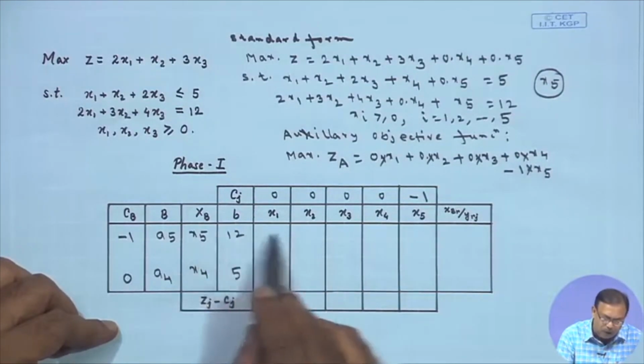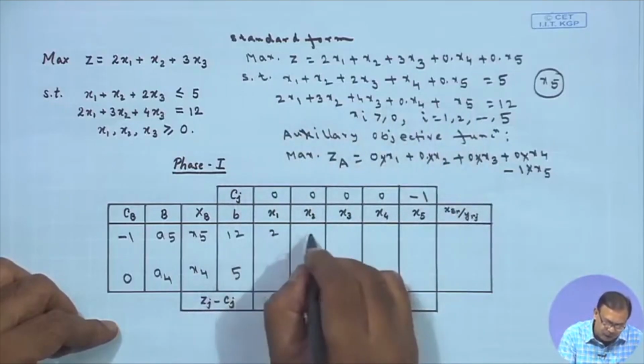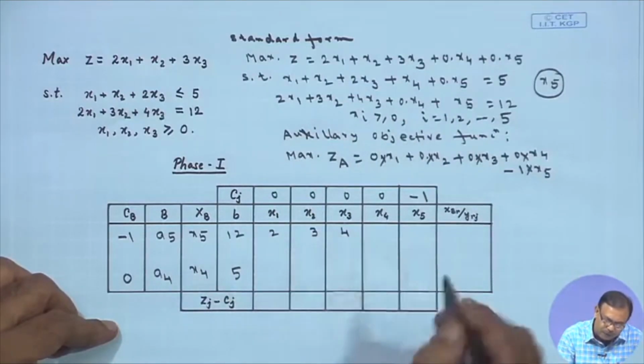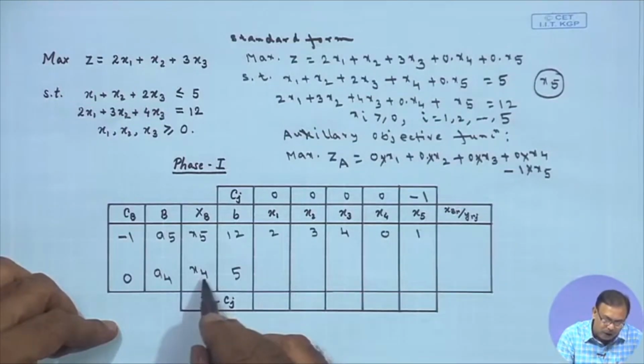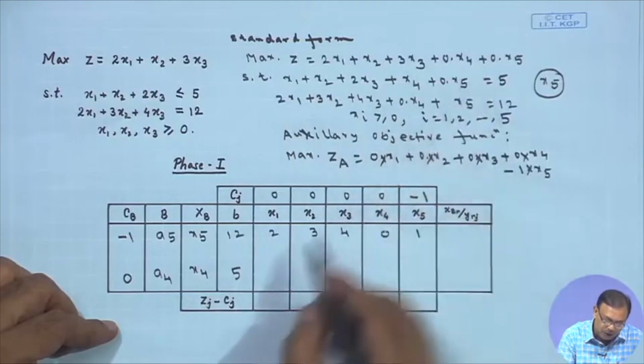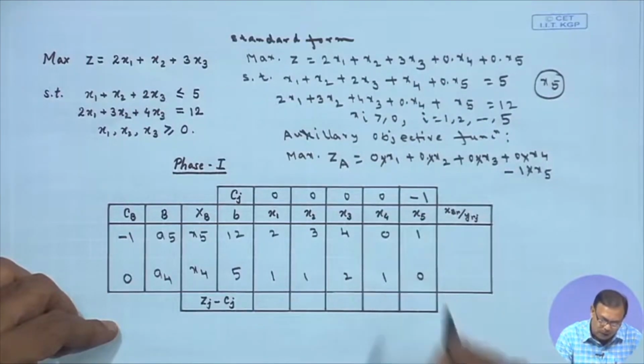So, corresponding to x5 you are writing this one, that is 2, 3, 4, 0, 1, and corresponding to x4 it is 1, 1, 2, 1, 0.